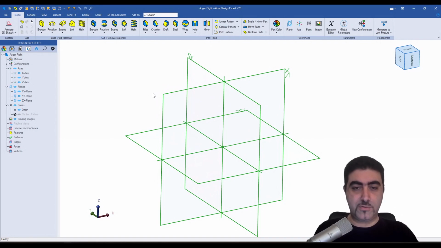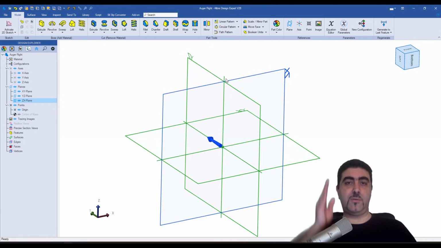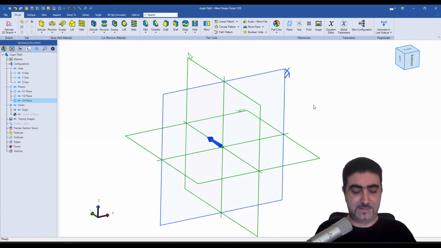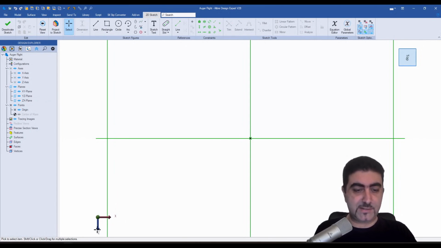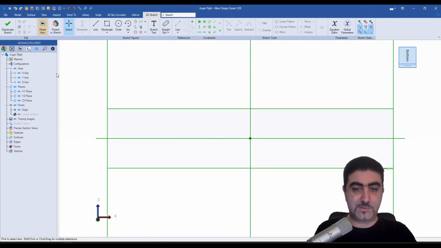The way Auger flights are designed in 3D is pretty simple. We will design in the XZ plane because I want my flight to go up along the Z axis. I've got my triad here telling me the Z axis points downwards. I will reset my view.